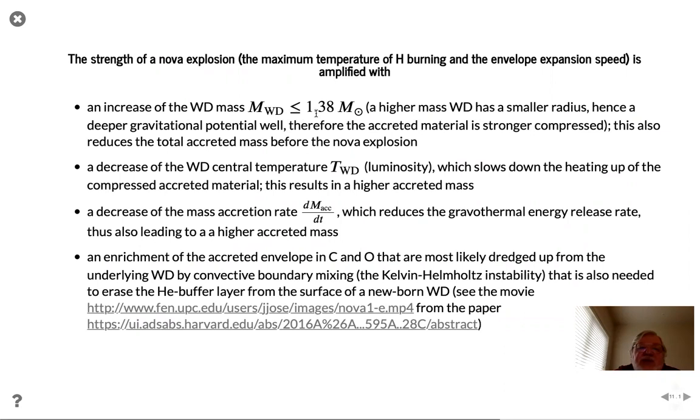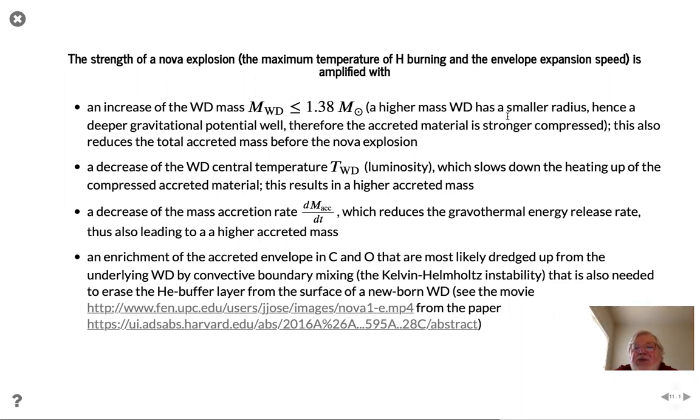Of course, white dwarf mass cannot exceed the Chandrasekhar mass limit, approximately 1.44 solar masses. When it reaches the Chandrasekhar mass limit, we will have a type Ia supernova explosion, which, by the way, is believed to be one of the channels leading to type I supernova explosion.